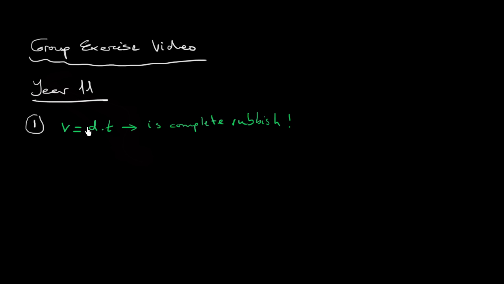You should know that the right equation for velocity is not like that, and I want you to try to explain in words why this equation does not work, why that would give you a silly answer.